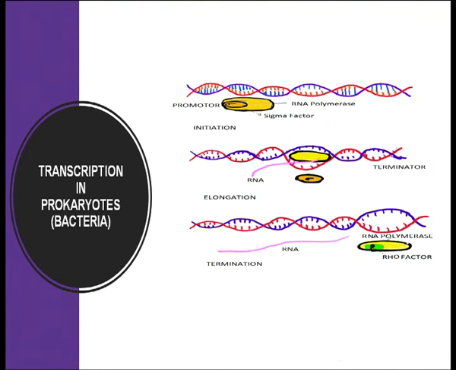Then once the elongation proceeds, ultimately when it encounters the nonsense or the stop codon, the RNA synthesis stops or terminates, and the Rho factor attaches to the RNA polymerase, and RNA polymerase is released from the DNA molecule.